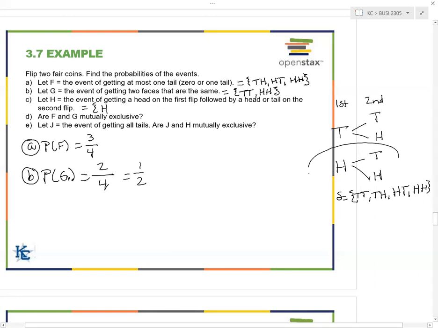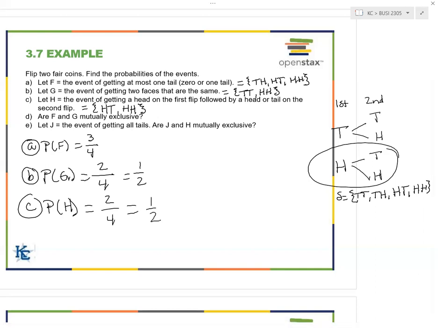Head first, and then you could get a tail or you could get a head. So the probability of H is 2 outcomes out of 4 possibilities. So again, 1/2.